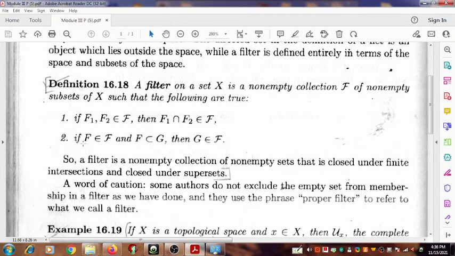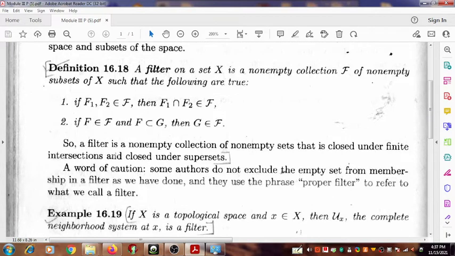And if F is a member of script F and G is a superset which contains F, then G must also be present in the collection script F.